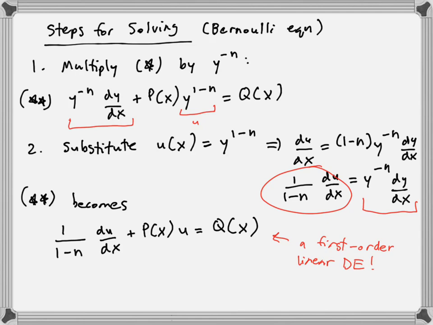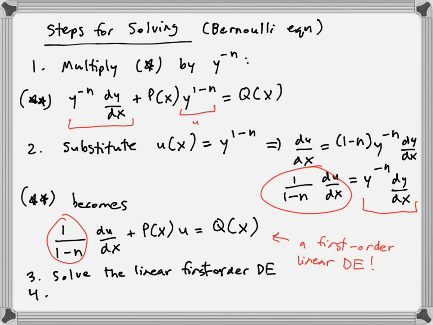It's not in standard form, of course, so you do need to multiply both sides by this number over here. But once you do that, you're going to get yourself a first order linear differential equation. So step 3 is going to be to solve the linear first order differential equation. And of course, step 4 is to substitute back.